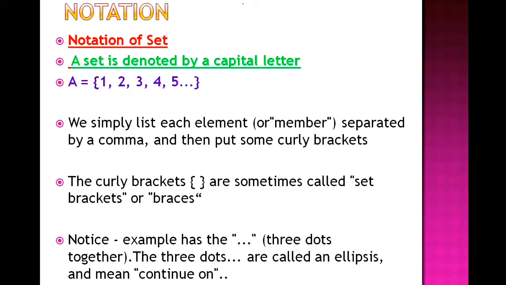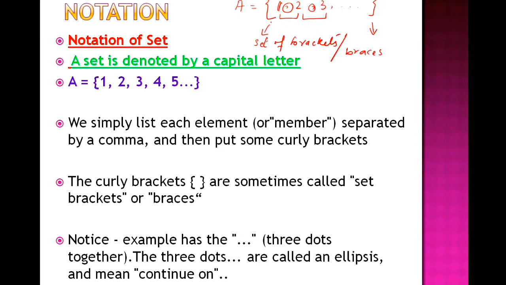Now, notation of a set. A set is always denoted by a capital letter, and all the elements or members of the set are written within these braces. And these members are separated by commas.